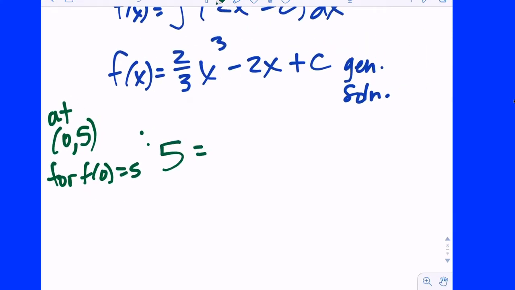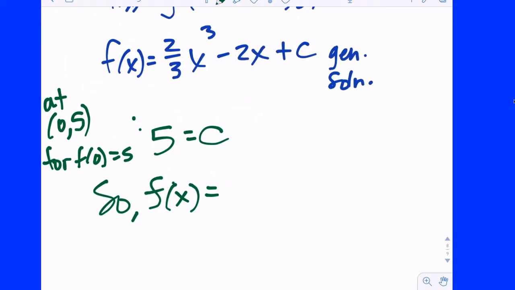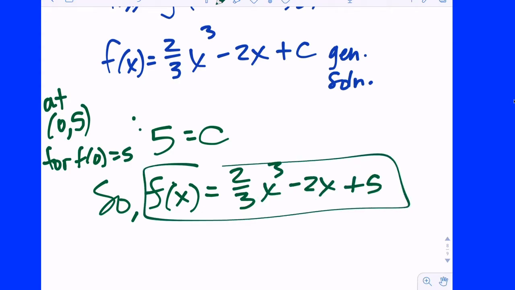You get 5 then equals, when I plug in a 0 for x, I get 0 plus 0 minus 0, sorry, plus c, which is c. So c equals 5. Box it up. No, you don't need to box it up. You can. So, comma, f of x equals 2/3 x cubed minus 2x plus 5. There is your particular solution.